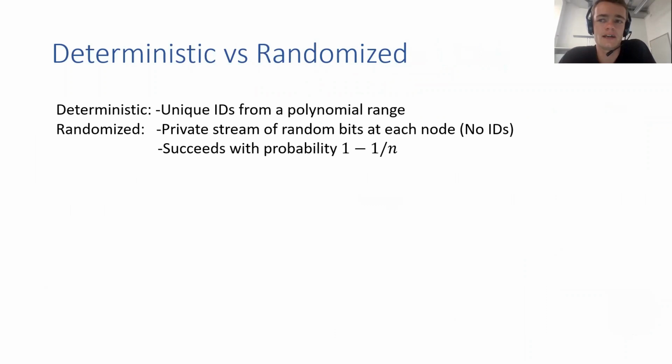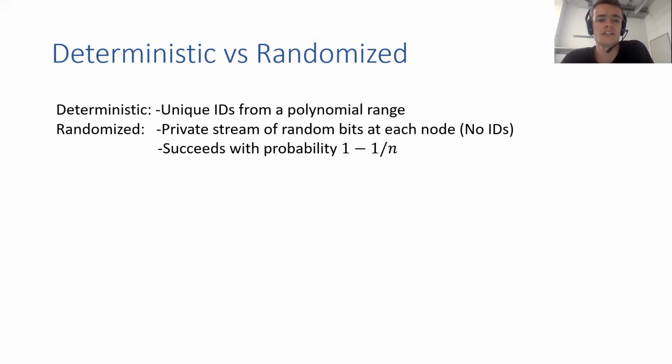Okay, now let me explain the deterministic and the randomized setting. In the deterministic setting, we assume that each node is equipped with a unique ID from a polynomial range. However, we will also consider, for the sake of analysis, that the IDs are actually from an exponential range.